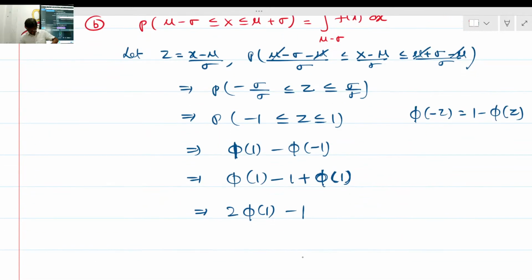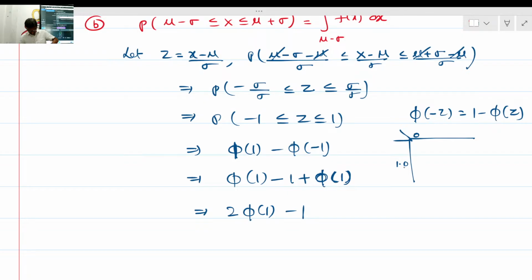Now here, from the table, we have to remember the value of phi of 1 based on the normal tables. 1.0 under 0: for this, 1 is an integer value, convert it into the real number 1.00. First decimal place 0, second decimal place also 0.